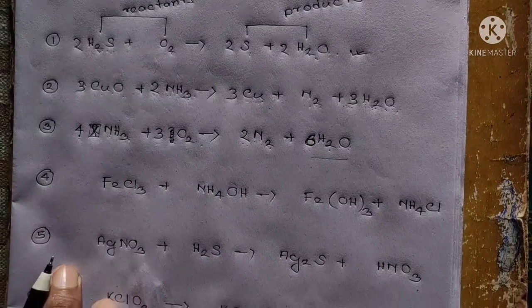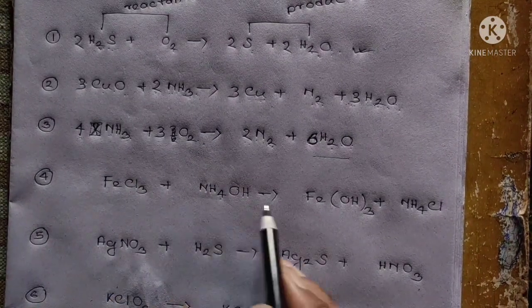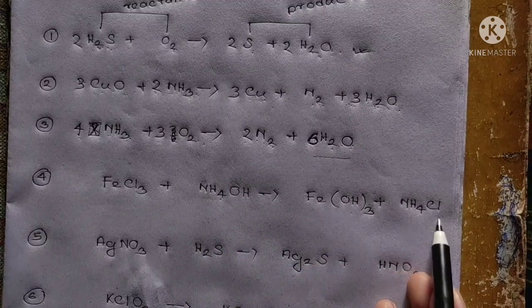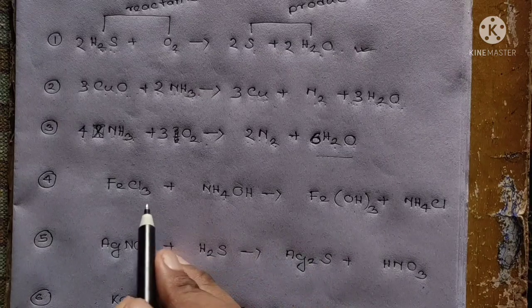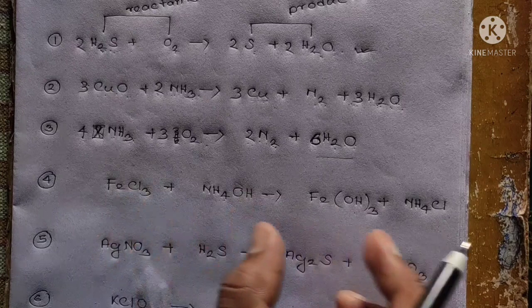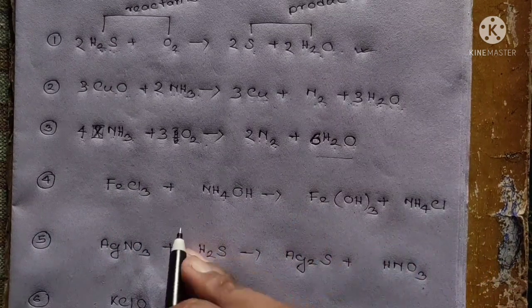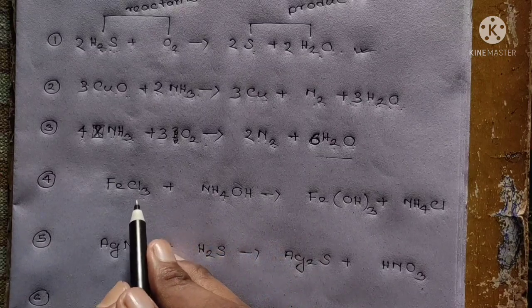Now come to example number 4, which is FeCl3, ferric chloride, plus ammonium hydroxide, giving ferric hydroxide plus NH4Cl, ammonium chloride. Now it is a very simple equation. Just look at the left hand side and the right hand side of the equation. We have 1 Fe on both sides, Cl3, right?